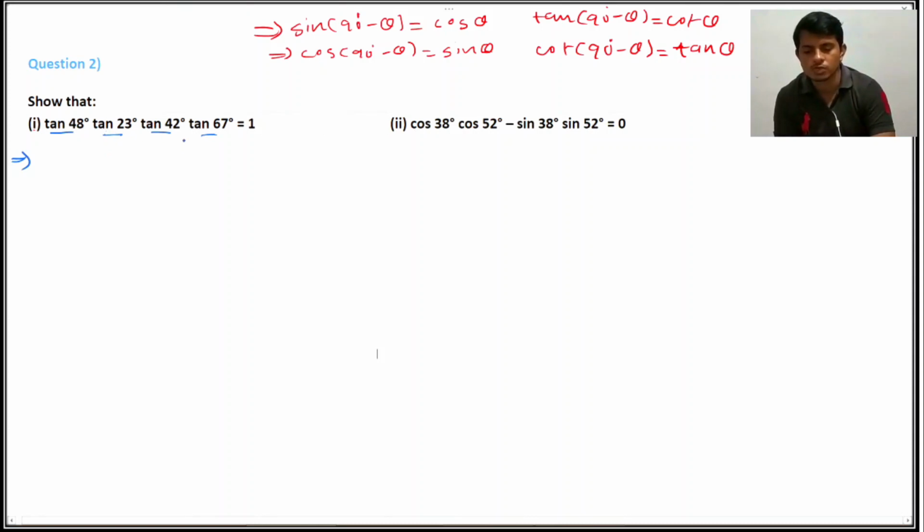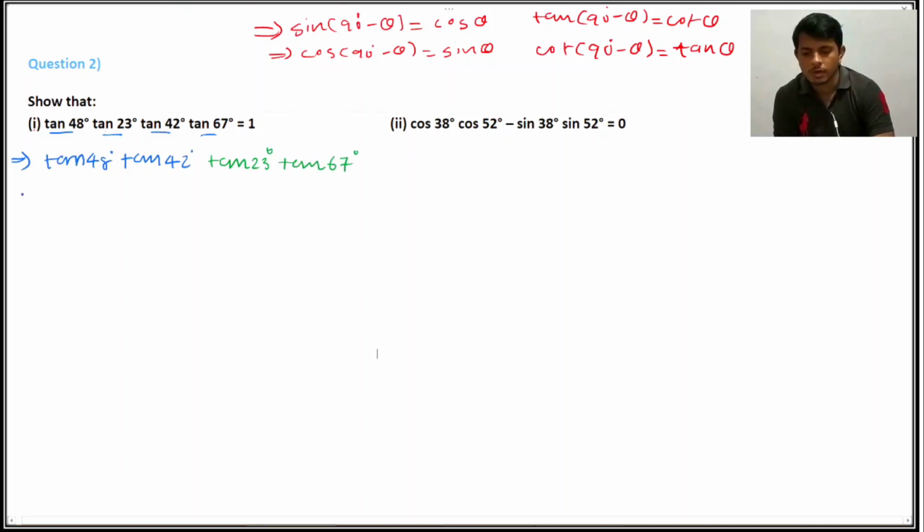Let me write it aside: tan 48 degree into tan 42 degree into tan 23 degree into tan 67 degree.